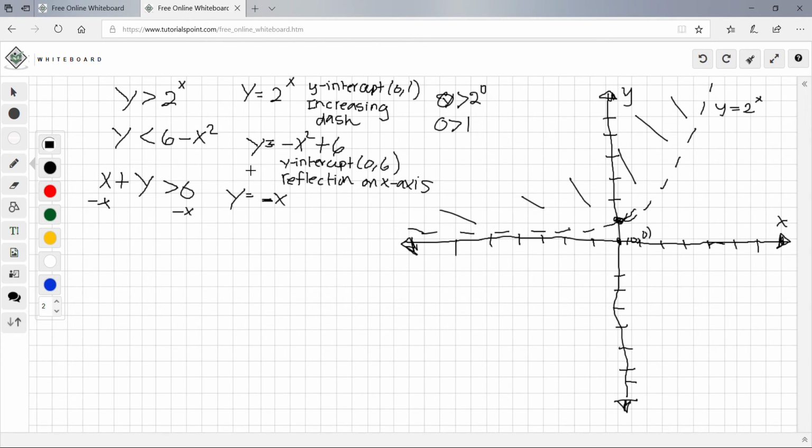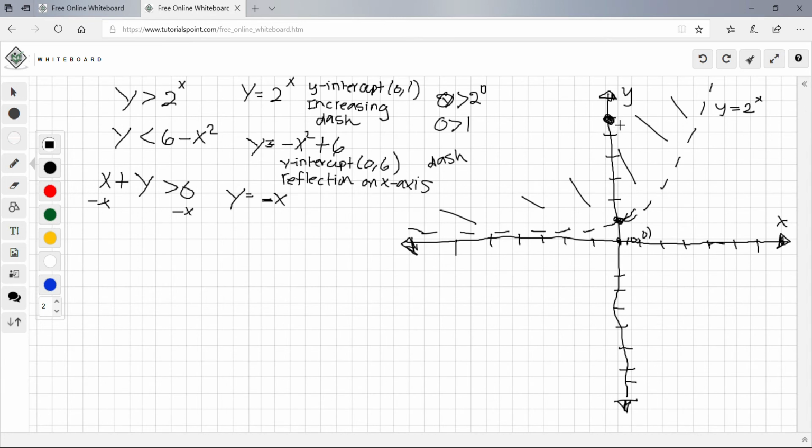Okay, now let's graph the other part. So I'm going to graph the second inequality. It has a y-intercept of 0, 6. Here's 1, 2, 3, 4, 5, 6. And it's going to go downwards because there's a reflection, and we know it's going to be dashed as well because it doesn't have an equal sign.